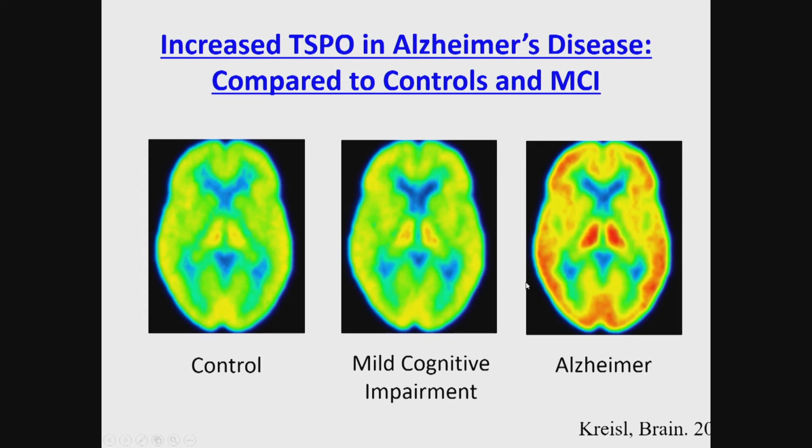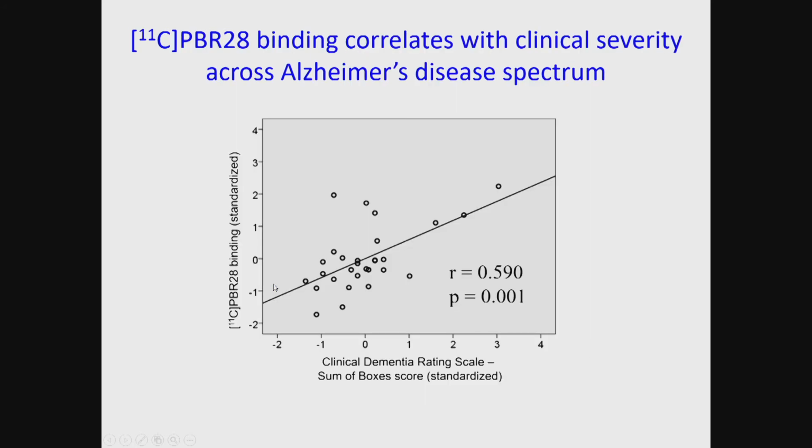Basically, there's increased TSPO density, and this is a mean image of a number of subjects. It's increased in Alzheimer's disease, but not in mild cognitive impairment compared to controls. I think one of the most important things, which might have been expected but was not necessarily expected, was the correlation between the binding and the disease severity, on a clinical dementia rating scale.